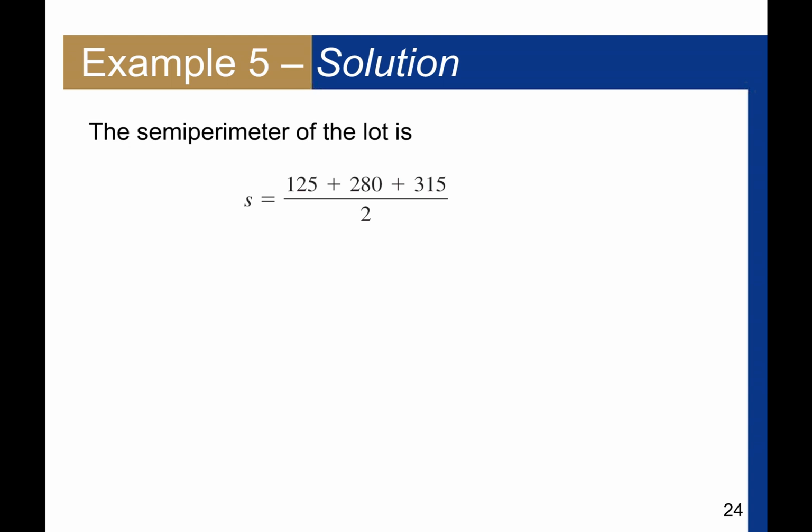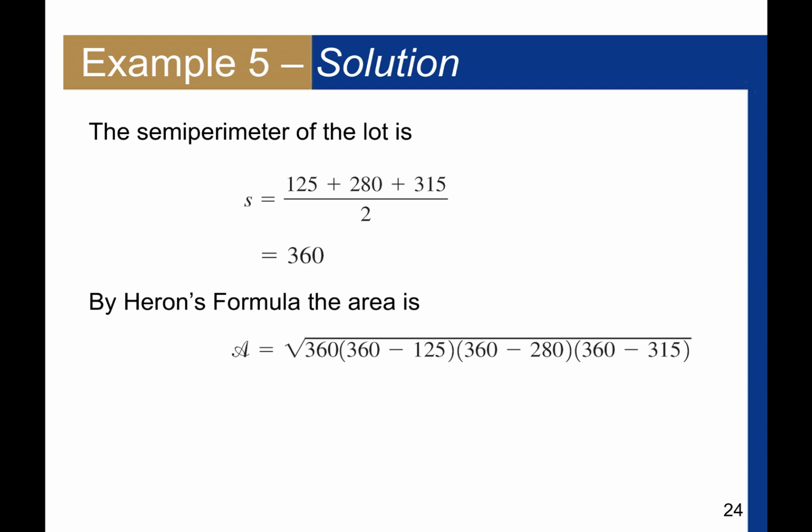We start by finding the semi-perimeter. We'll add together the 125, the 280, the 315, divide that by 2, and oh, isn't that a nice number to work with? 360. So then Heron's formula tells us we'll take the square root of 360 times the quantity, 360 minus the one side of 125, times 360 minus the second side of 280, times 360 minus the third side of 315.